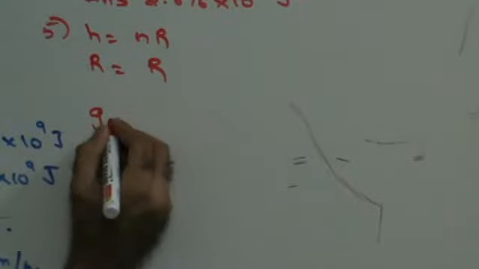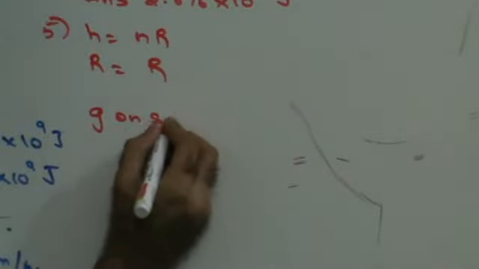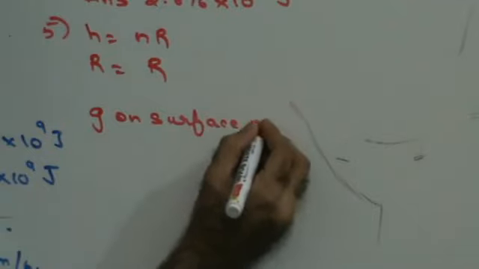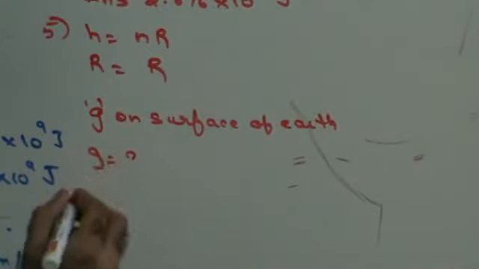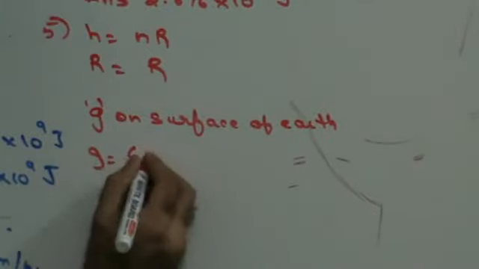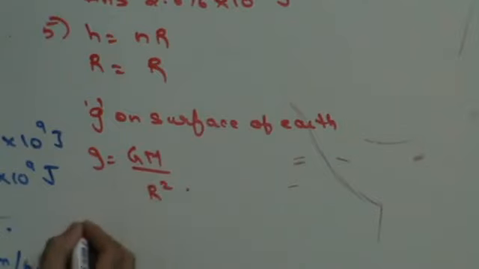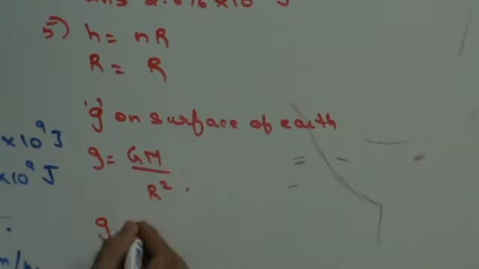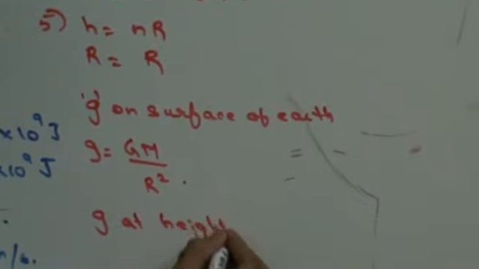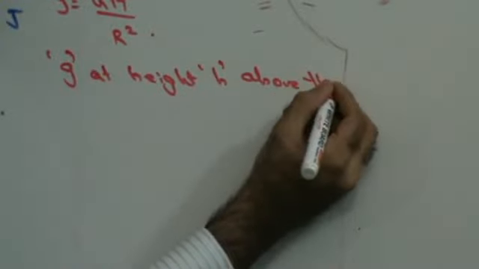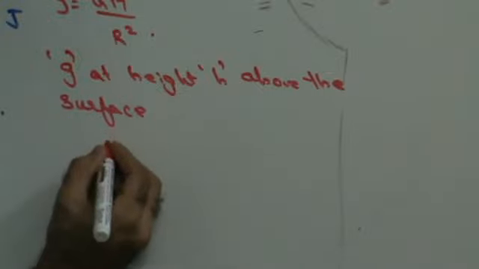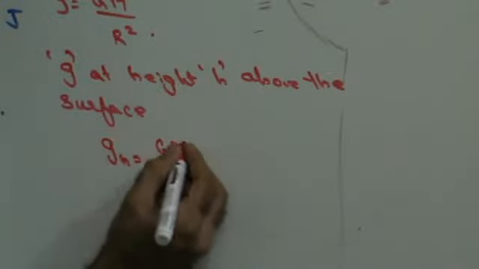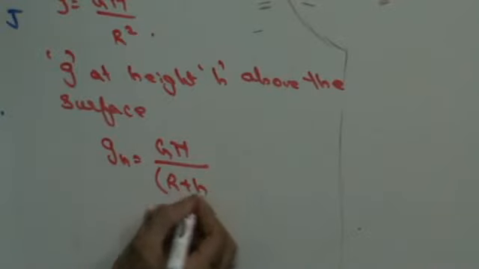Now, gravitation g on the surface of Earth is given by the formula GM upon r square, right? g at height h above the surface can be given by the formula gh is GM upon r plus h the whole square.